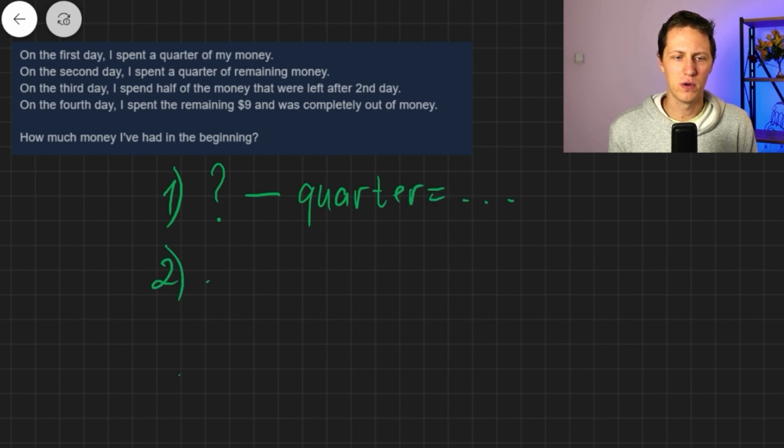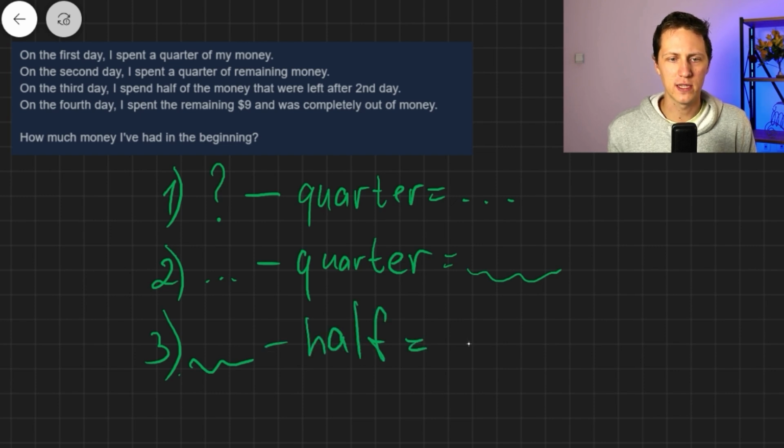And from this other number, we subtract the quarter again, but it's already a different quarter. It's a quarter of this number. And we then get another number. And then when we use this new number and subtract half, we get $9, because on the fourth day, I'm spending $9 and I'm completely out of money. So that's going to be it.